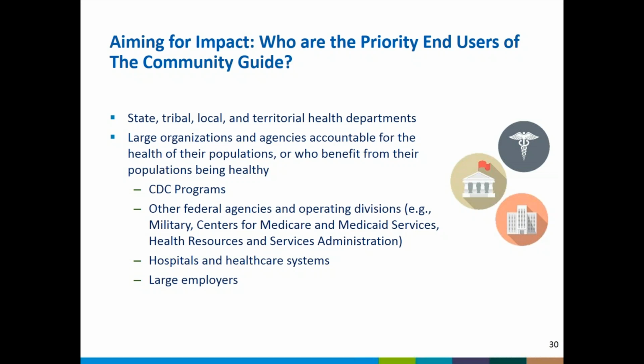And then the second is other large organizations and agencies who are accountable for the health of their populations, their communities, or who otherwise benefit from their populations being healthy. In that area are federal programs that are required to provide services or support communities. The second broad area is hospitals and healthcare systems, like many of you on the phone today. And the last would be large employers who are responsible for the health of their populations.